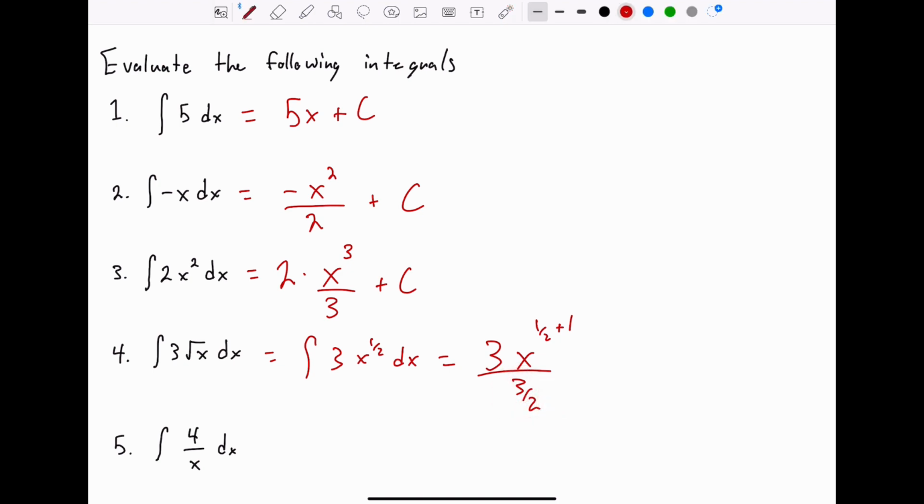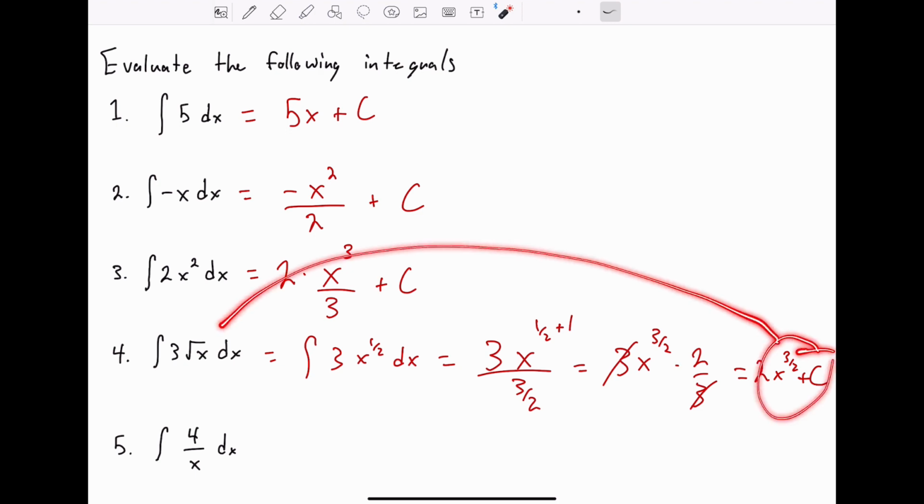So I usually skip over this step, and I multiply by the reciprocal, 2/3. So this would be 3x to the 3/2, times the reciprocal of 3/2, 2/3. We could cancel the 3 if we wanted to, simplify a little bit, and we have 2x to the 3/2 plus c. Once again, if we take the derivative, we'll get back 3 times the square root of x, exactly what we started with.